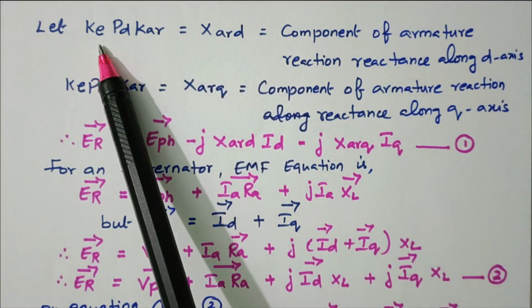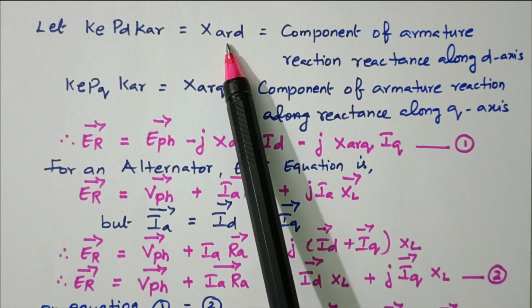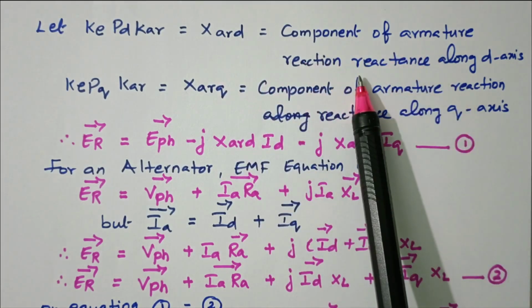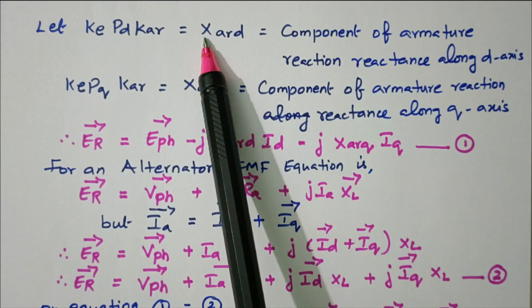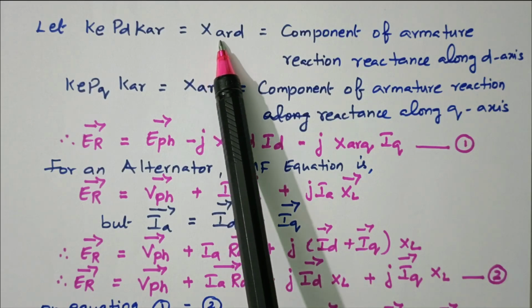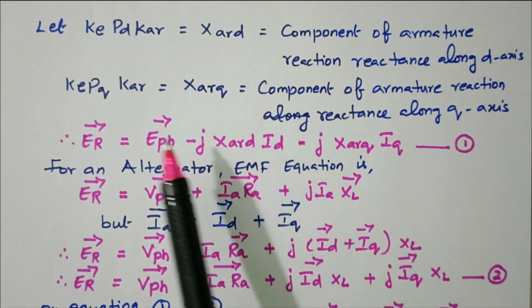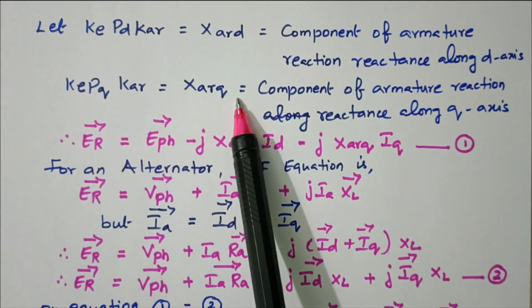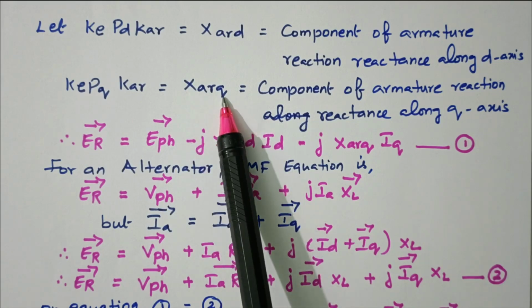Now let Ke Pd Kar be written as XARd. That is the component of armature reactance along the d axis. X refers to reactance, AR refers to armature reaction, and d refers to the direct axis. Similarly, Ke Pq Kar is XARq, the armature reaction reactance in the q axis.